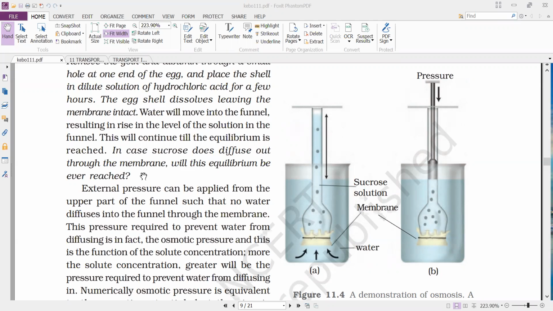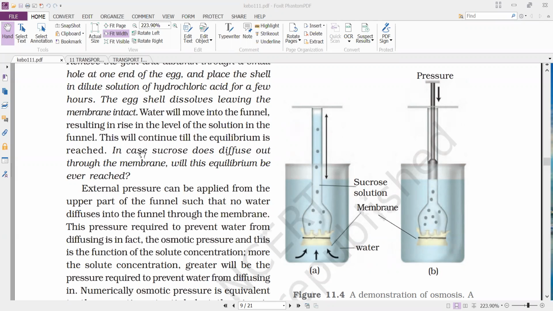No. As the sugar molecules are unable to diffuse through the membrane from the thistle funnel into the beaker, we cannot observe equilibrium attainment in this condition. If the membrane permits the movement of sugar molecules, then equilibrium will be attained.